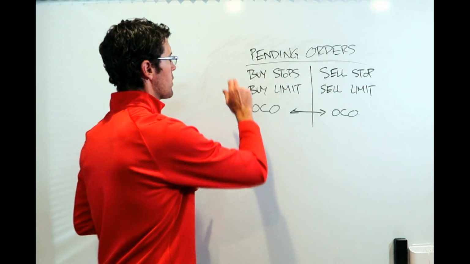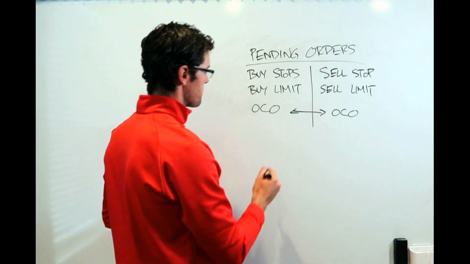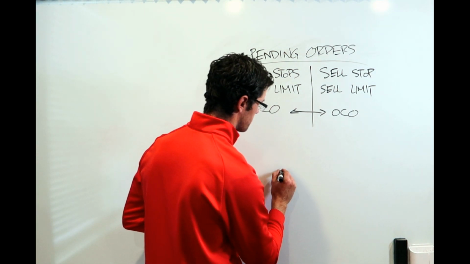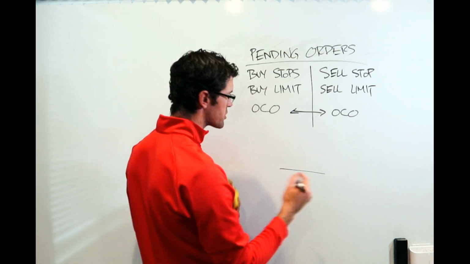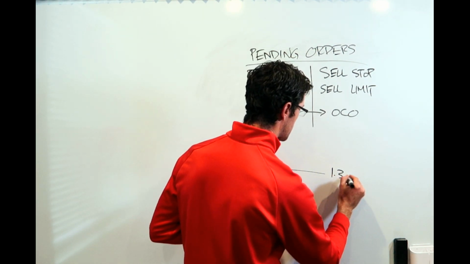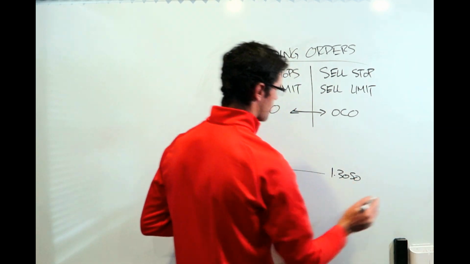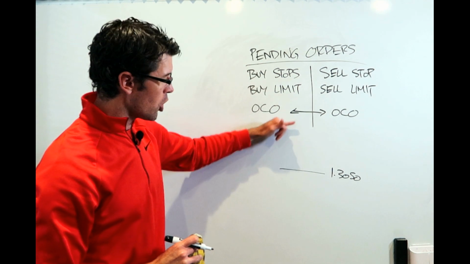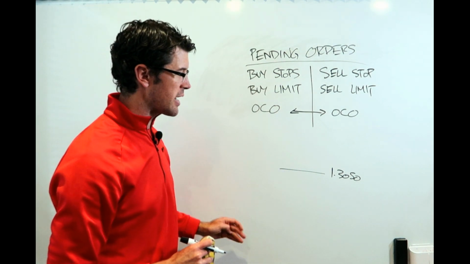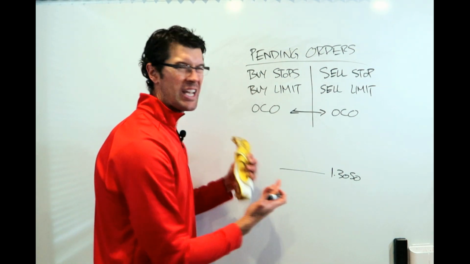All right? So a buy stop is going to be this. Let's say that this is current price. So we'll use the pound dollar again, 1.3050. Now, let's say that we believe that price is going to go, or it's already in an uptrend, and we're trying to get some of this action without getting messy.